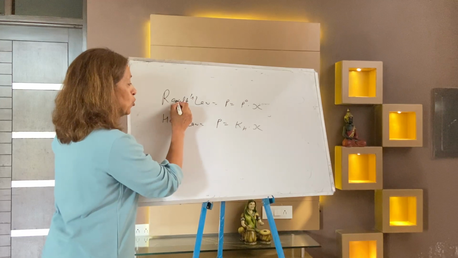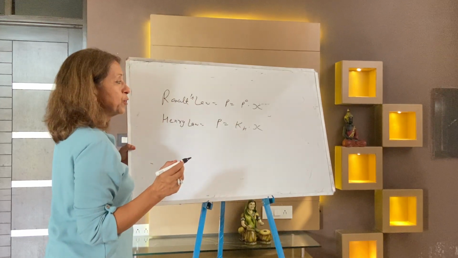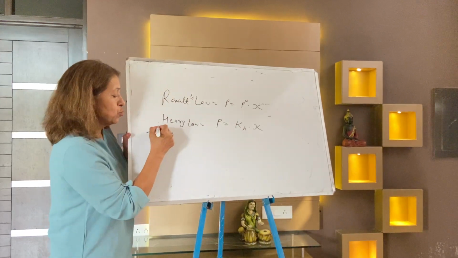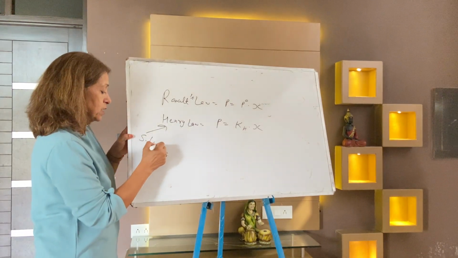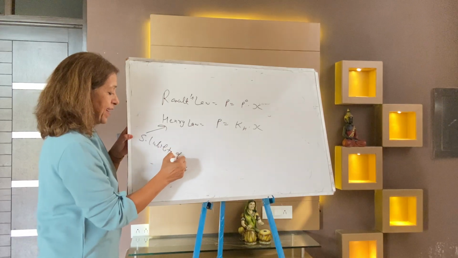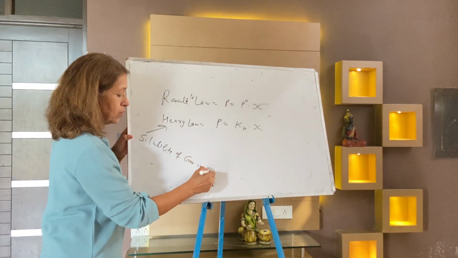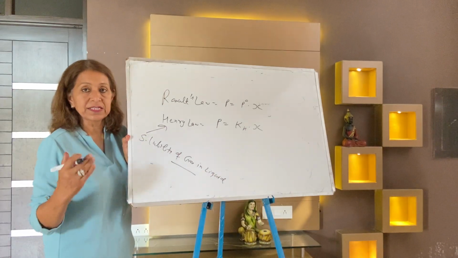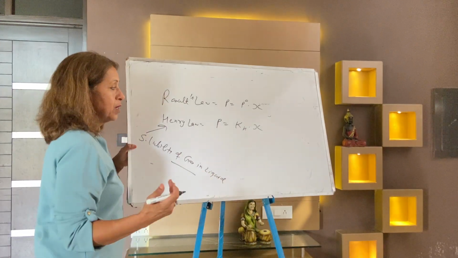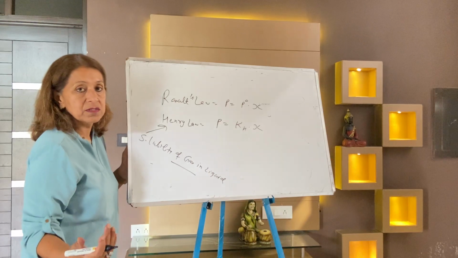Henry's law is used for the solubility of a gas in a liquid. When you want to discuss the solubility of a gas in a liquid, it's Henry's law. P is equal to KH into X.